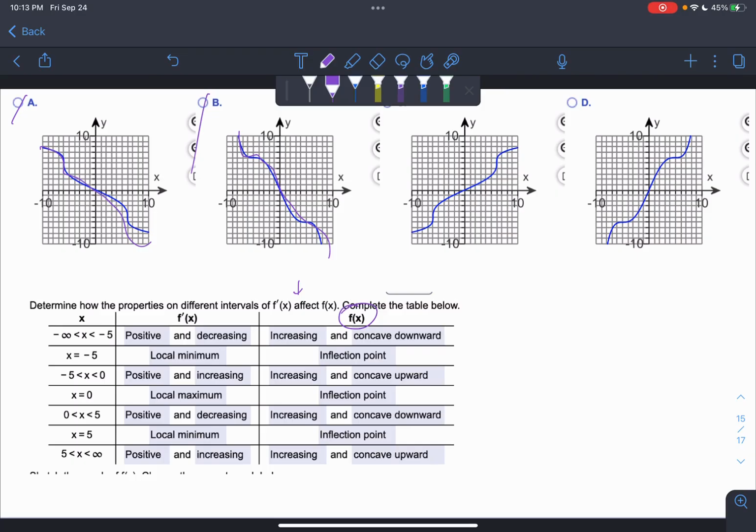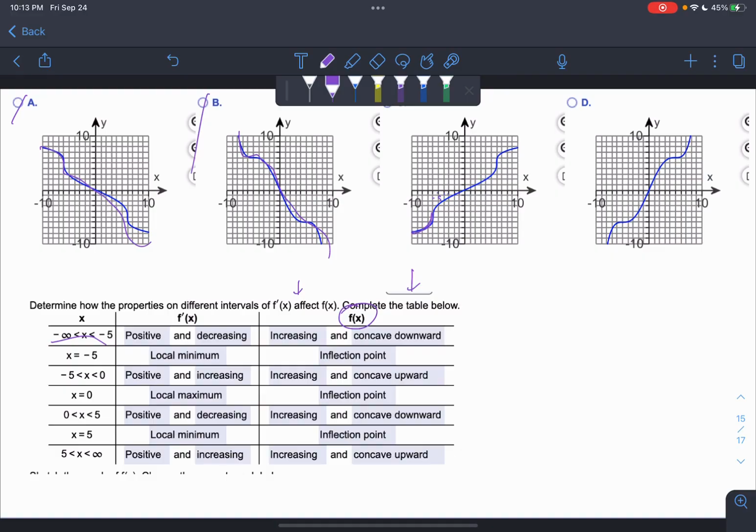Next, let's look at concavity. I think that'll be a good one. So from -infinity to -5, I think each check mark is 1. So 1, 2, 3, 4, 5. So this is -5. We are concave downward. No, right? That looks kind of concave up to me.